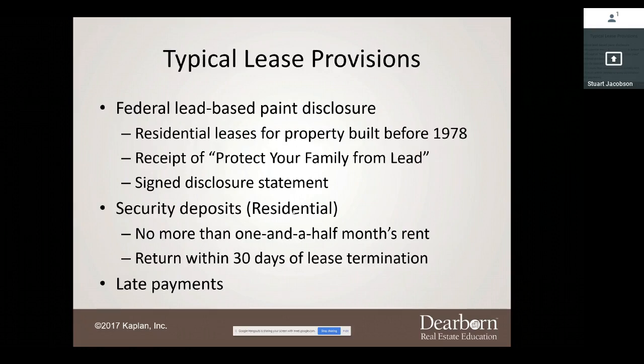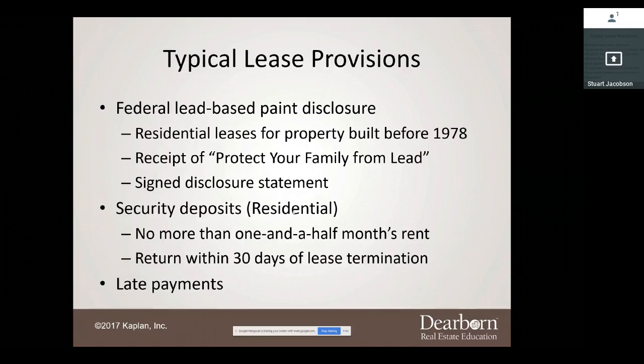Is that legal? 1.5 months rent and a pet security deposit. The answer to that is no. They could charge a fee, they could raise the rent, but they cannot take a deposit which exceeds 1.5 months rent. So they can take 1 month rent and then take a pet security deposit as long as it does not exceed 1.5 months rent. But as soon as it exceeds 1.5 months rent, that is illegal.